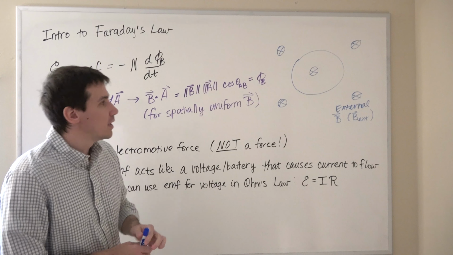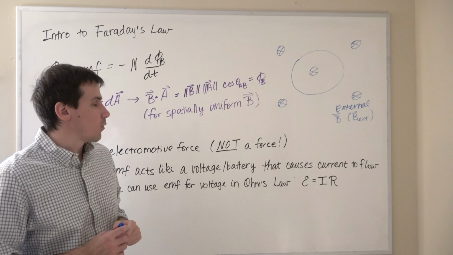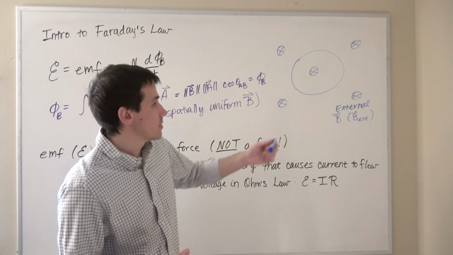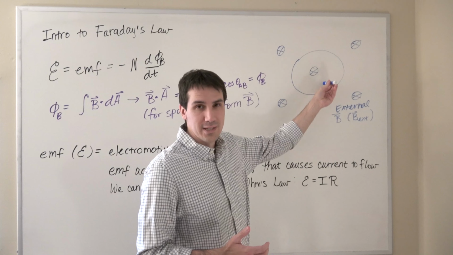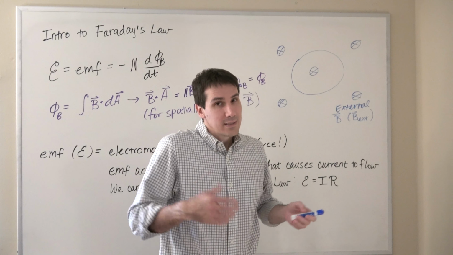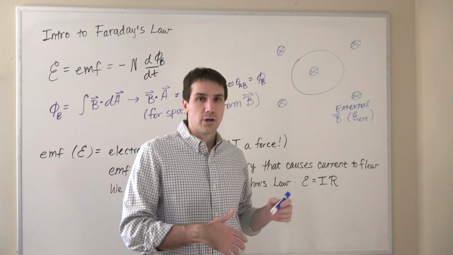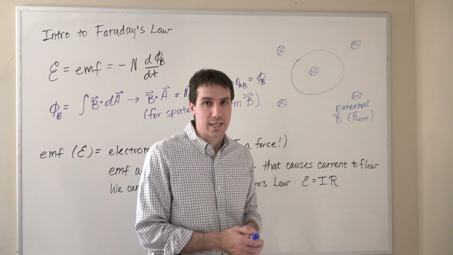And remember that the area vector here always has a direction perpendicular to the surface area enclosed by the loop. So this loop is lying in the plane of the board, which means that we have two possible area vector directions. The area vector can point out of the board, or the area vector can point into the board. Since the magnetic field is pointing into the board, we'll pick the area vector to also point into the board so that our flux is positive in the end.